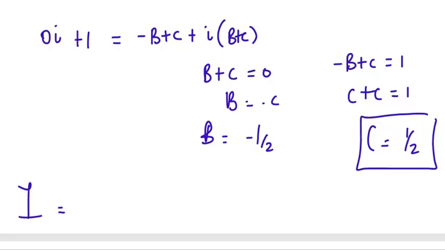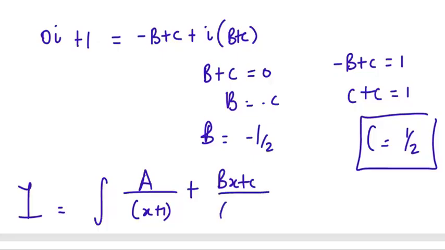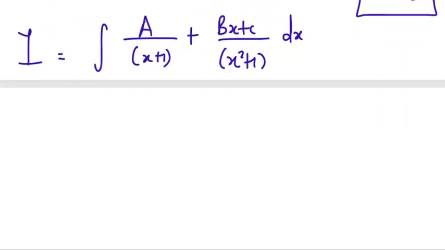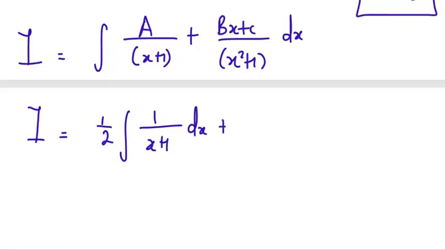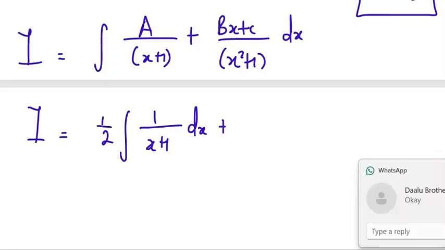Therefore, our I will be equal to the integral of a divided by x plus 1, right, plus bx plus c divided by x squared plus 1, and then dx. Remember, a equals 1 by 2. So therefore, I will be equal to, take the 1 over 2 outside, we have the integral of 1 divided by x plus 1 dx, then plus b equals negative 1 by 2, right?